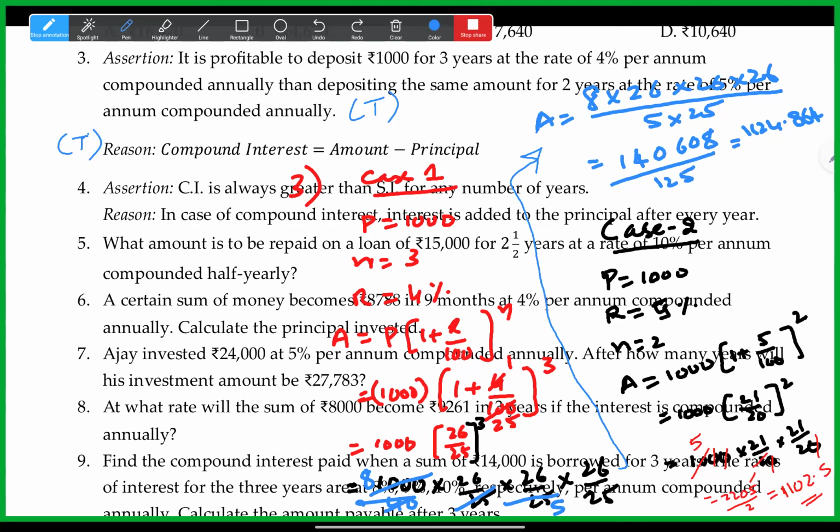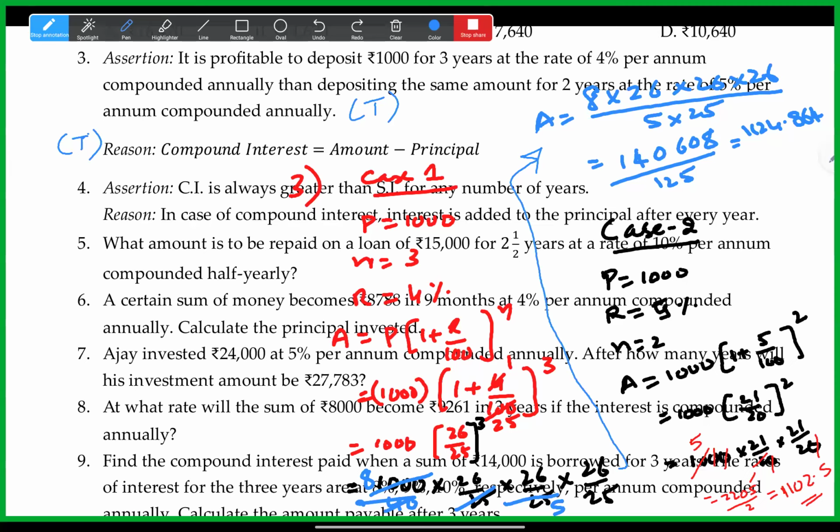We clearly saw 1124.864 rupees, whereas it is 1102.5 rupees there. If we do amount minus principal in both cases, we can clearly get it. Looking at the compound interest only, we can say that it is profitable. So we can tell it's the correct explanation of the assertion.